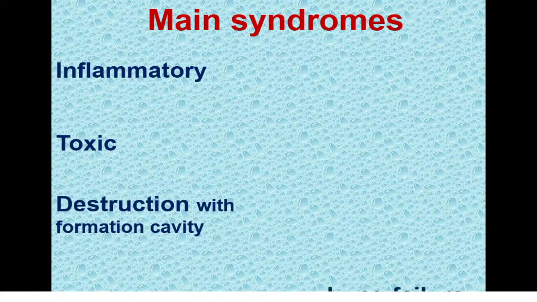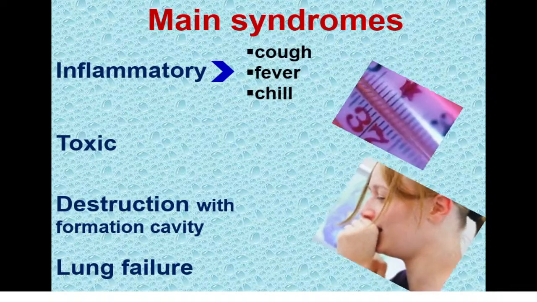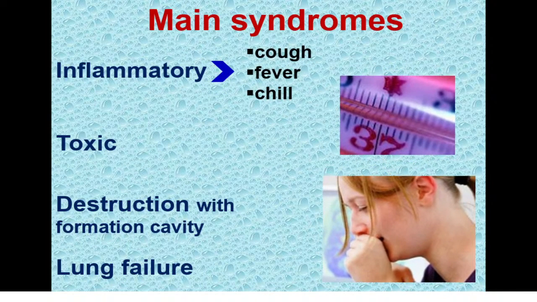During this period we can reveal the next pathological syndromes: inflammatory syndrome, intoxication, destruction, and lung failure. Inflammatory syndrome is manifested with cough, fever, and chill.